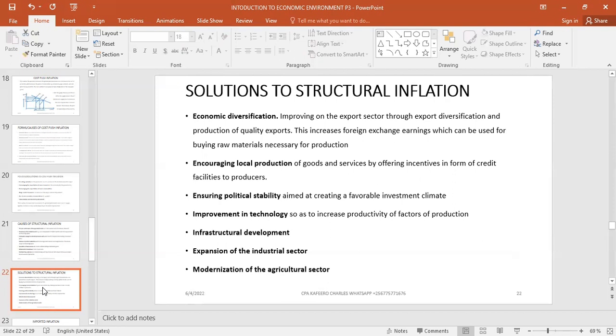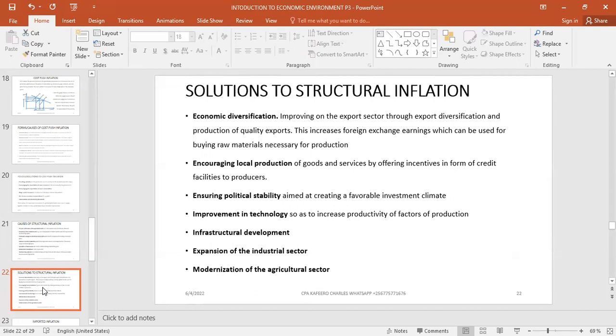Then the last one, we can talk about modernization of agriculture. We leave the old traditional approach of waiting for the rain to come, then you make the plantations. You can introduce irrigation schemes and other applications like application of fertilizers so that you can increase the output rather than waiting and waiting.